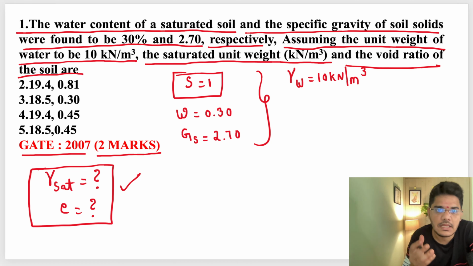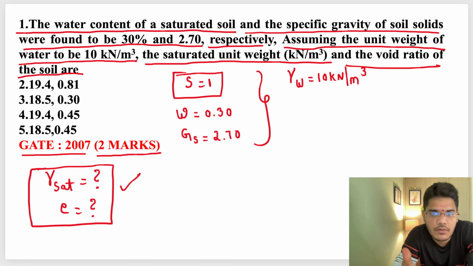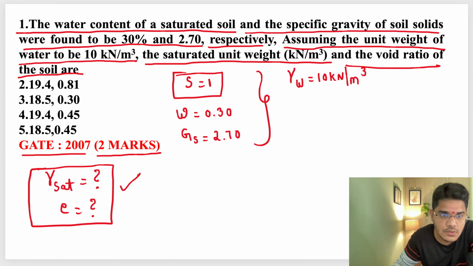Actually, E can be found very easily because we have the relationship between degree of saturation, water content and the specific gravity. So first we will find out E, and after finding E we can calculate gamma sat, since we have one more relationship in terms of gamma sat and E, which includes GS and W also. So first we will quickly find out E.